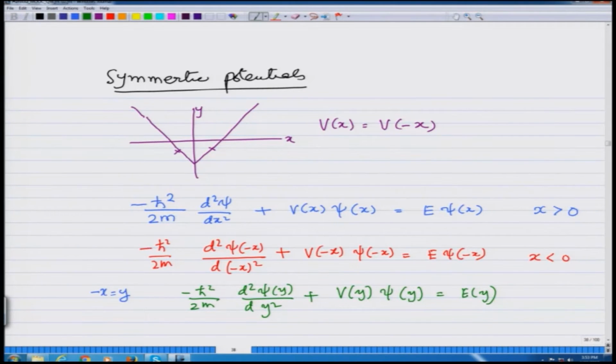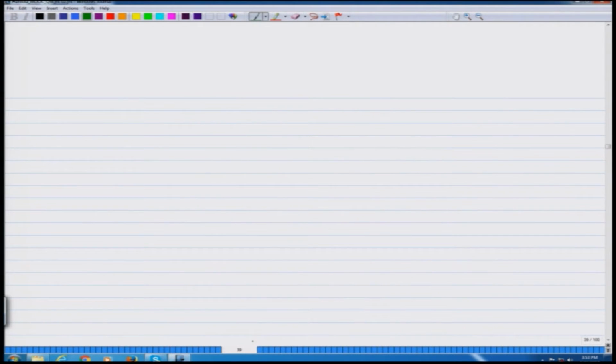Important thing now is going to be that when I take this equation minus h cross square over 2 m d2 psi dx square plus V x psi x equals E psi x and change to the other side of the y axis.